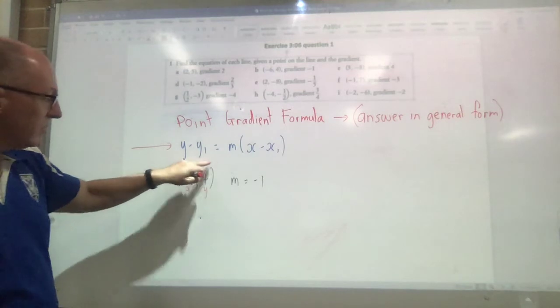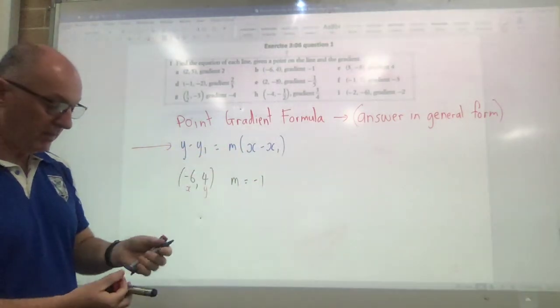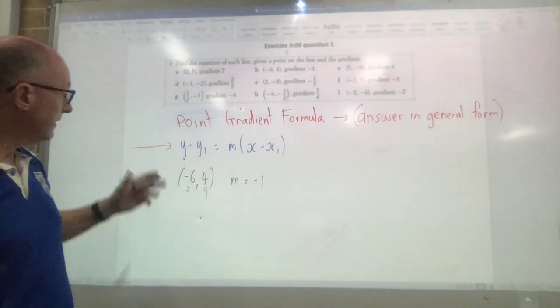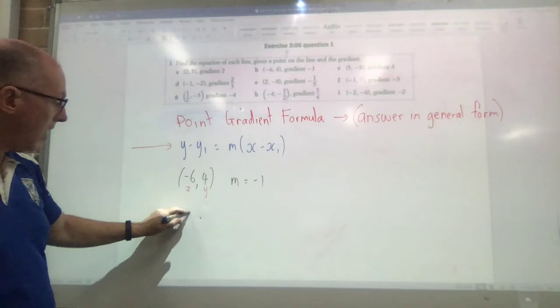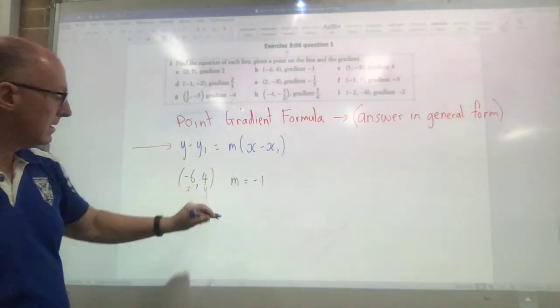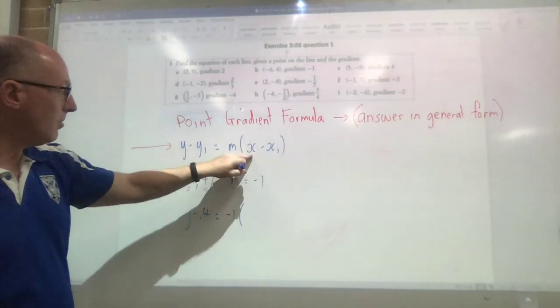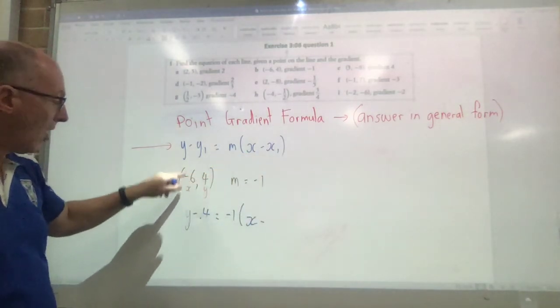I'm going to substitute those three numbers into this point gradient formula. So let's have a go at that. It's going to be y minus 4 equals m, minus 1, open bracket, x minus 6.